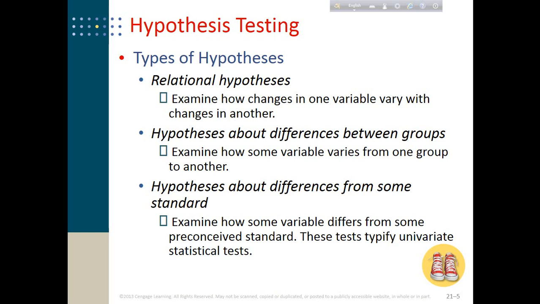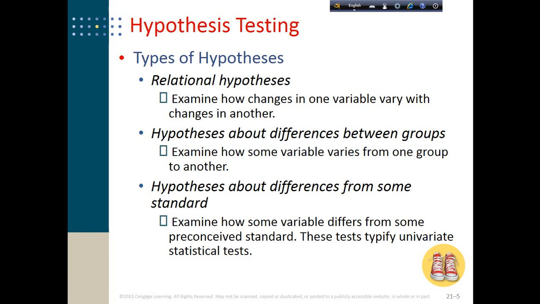So if we write down a hypothesis like there is a positive relationship between brand loyalty and customer satisfaction, or a positive relationship between level of salary and employee satisfaction, we are testing relational hypothesis.